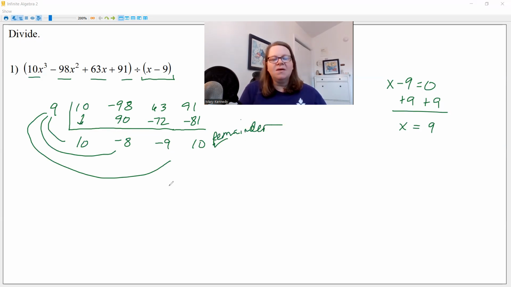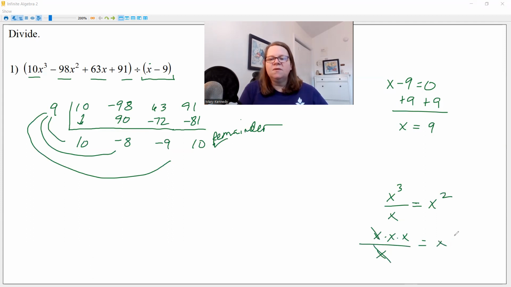Okay. So now you have to think about, how do you write the answer? Well, think about that. We had an x cubed term, and we divided out an x from that. So think about x cubed. If we divide an x, that leaves us with x squared. Now, there's lots of ways to think of that. There's like 3 x's on top and 1 on the bottom, and we divide 1 out.